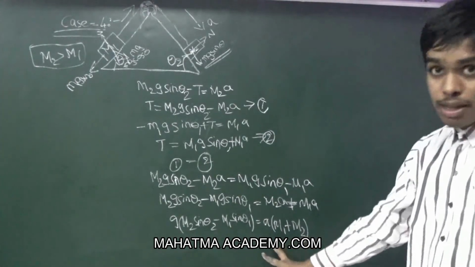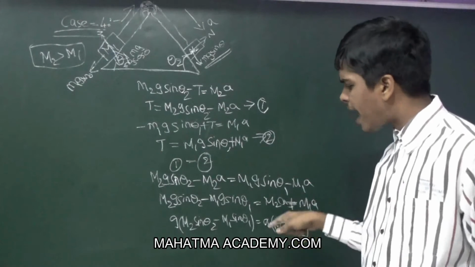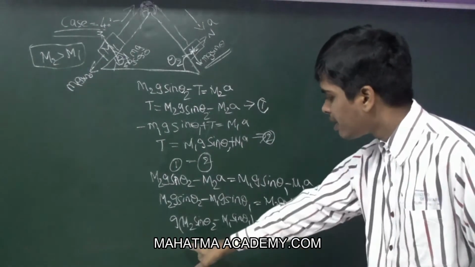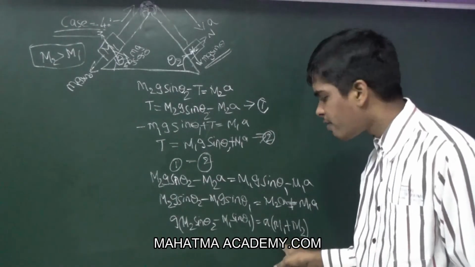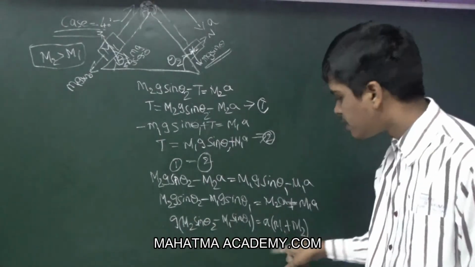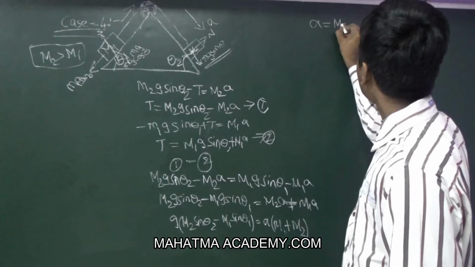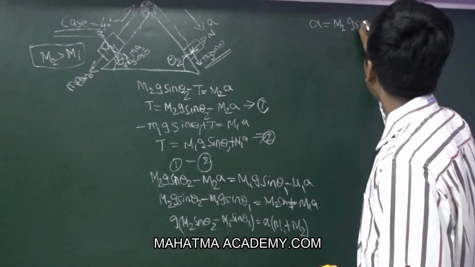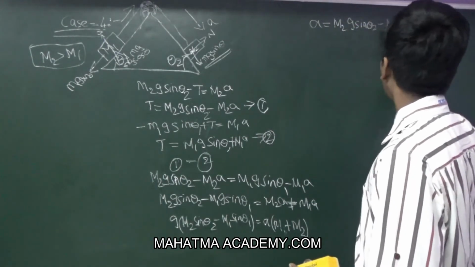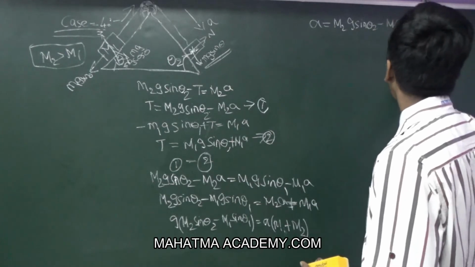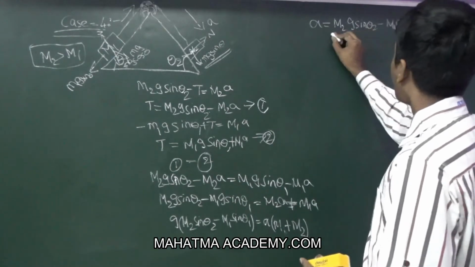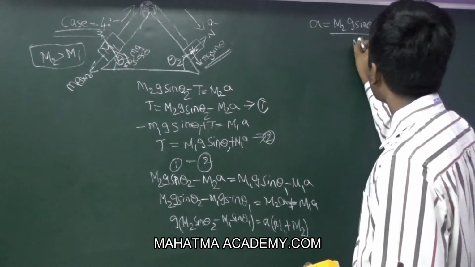Now we want to divide this term by this. The acceleration will become m2g sin theta 2 minus m1g sin theta 1 upon total mass.